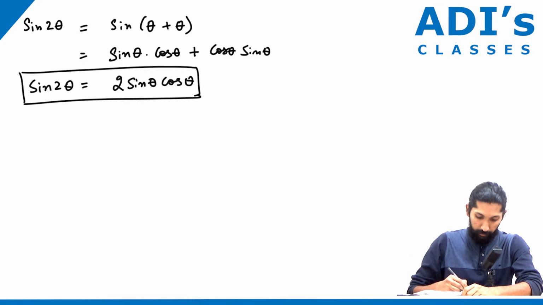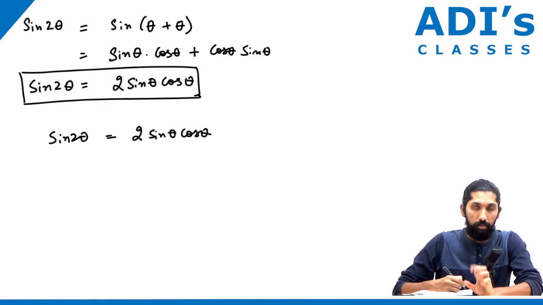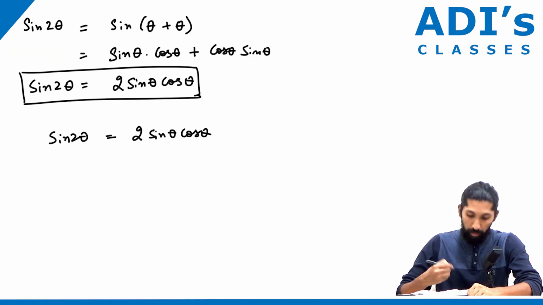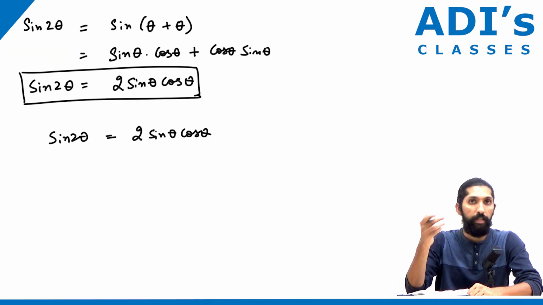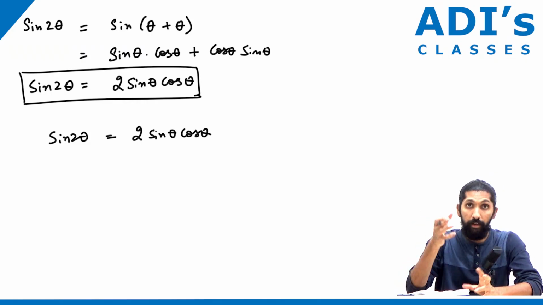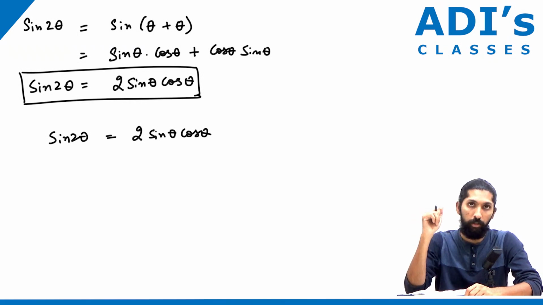What we have is sine 2 theta equal to 2 sine theta cos theta, correct? This is what we have. Now the next thing, if you multiply and divide by something, we can reduce this particular formula.